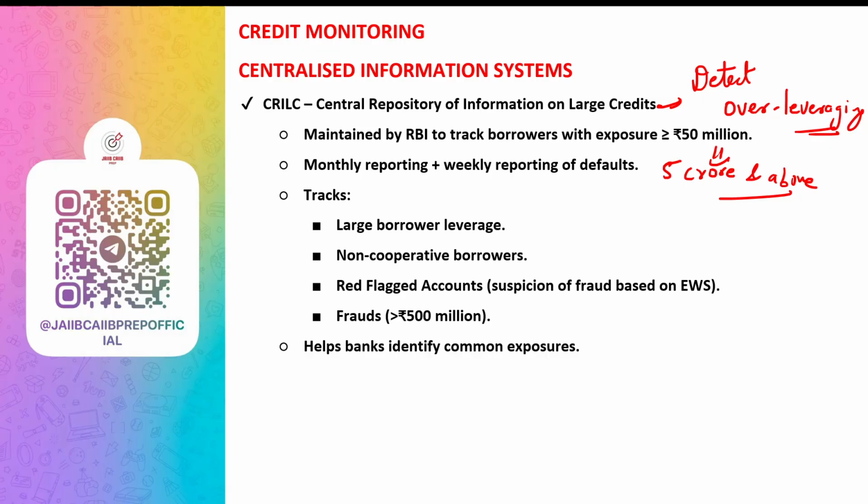For default, it is to be done weekly. Red flagged accounts are to be reported, and non-cooperative borrowers also should be reported. It includes SMA2 accounts and current account balances above 1 crore.